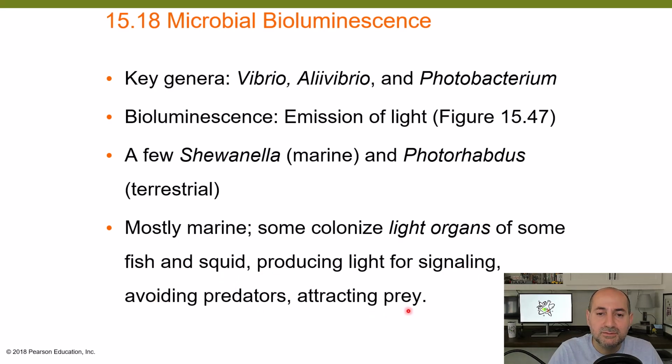So oftentimes they are in a symbiotic relationship with marine life, with fish, with squid, and their bioluminescence helps the fish, helps the squid in order to hunt or avoid predators. And in return, these bacteria get a source of nutrients when the fish or the squid feeds.